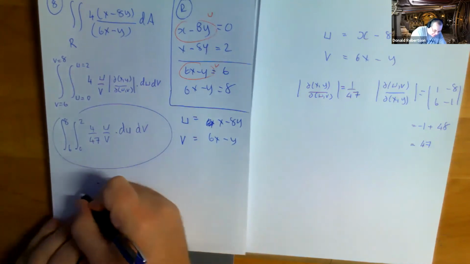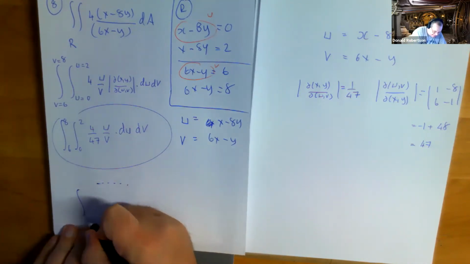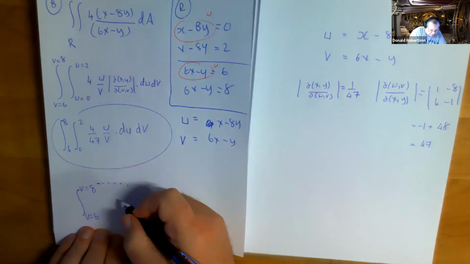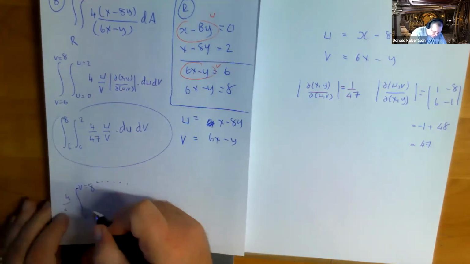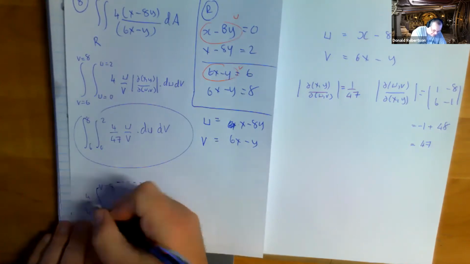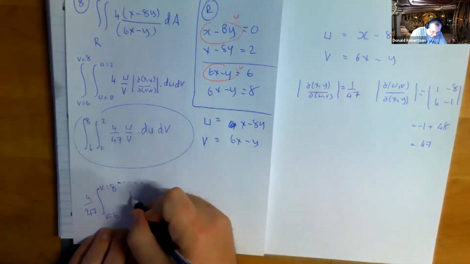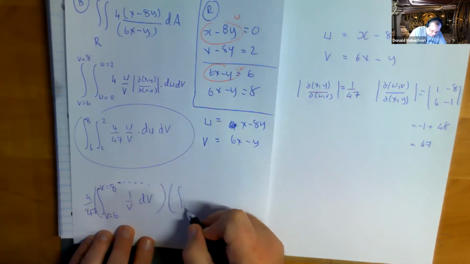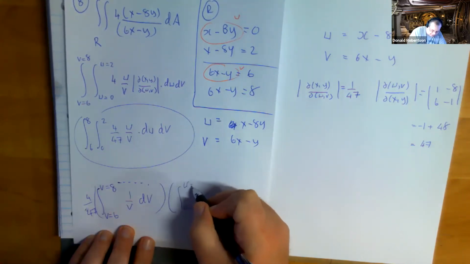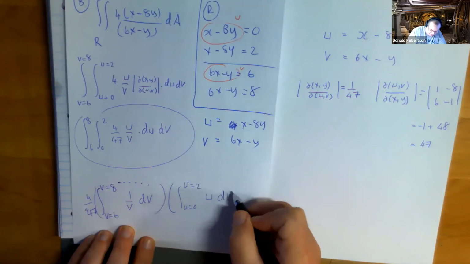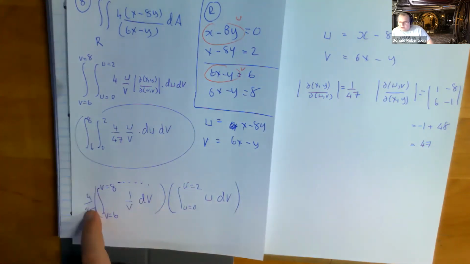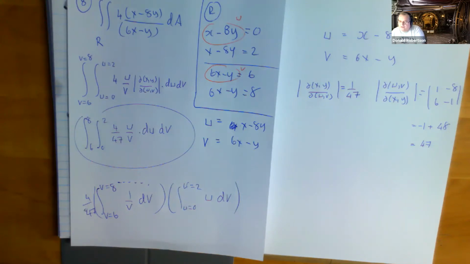Maybe I should have paused a little and said v equals 6 to v equals 8. Let's stick the 1/44 totally outside everything. So what I'm going to get is a 1 over v dv, and then u from 0 to 2 of u du. Would you agree that'd be much easier to deal with now? Get an answer, and then take care of the 1/44 when you're finished.